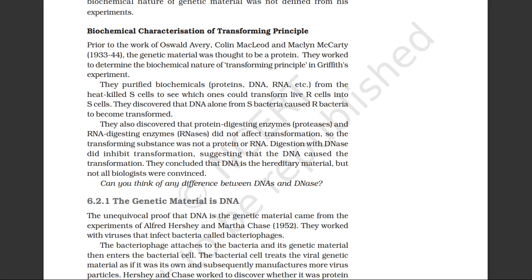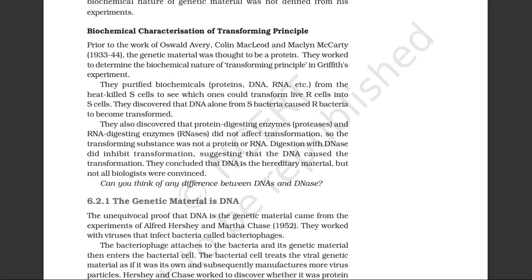They purified biochemicals, proteins, DNA, RNA, etc., from the heat-killed S cells to see which ones could transform R cells into S cells. They discovered that DNA alone from S bacteria caused R bacteria to become transformed.